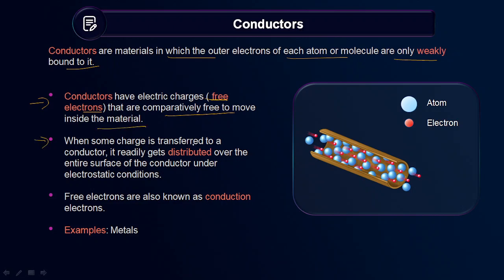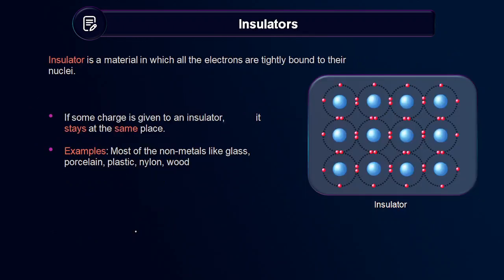Second, when some charge is transferred to a conductor, it gets distributed over the entire surface of the conductor under electrostatic conditions. Suppose there is some conductor and we transfer some charge onto it, that charge gets equally distributed throughout the body. Free electrons are also known as conduction electrons. Examples are metals. These are called conductors.